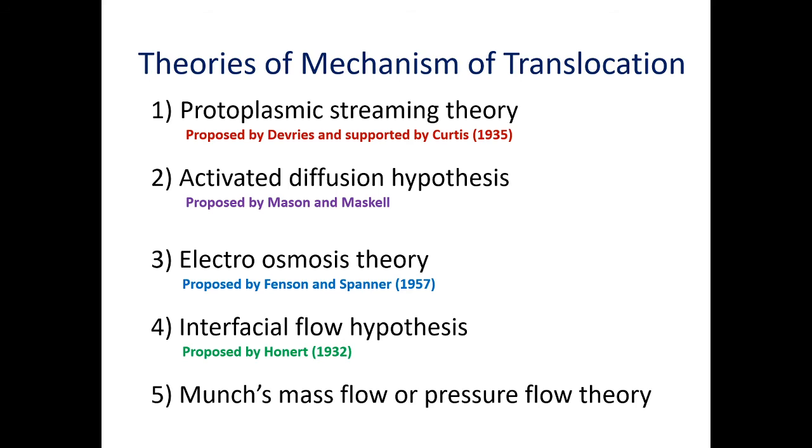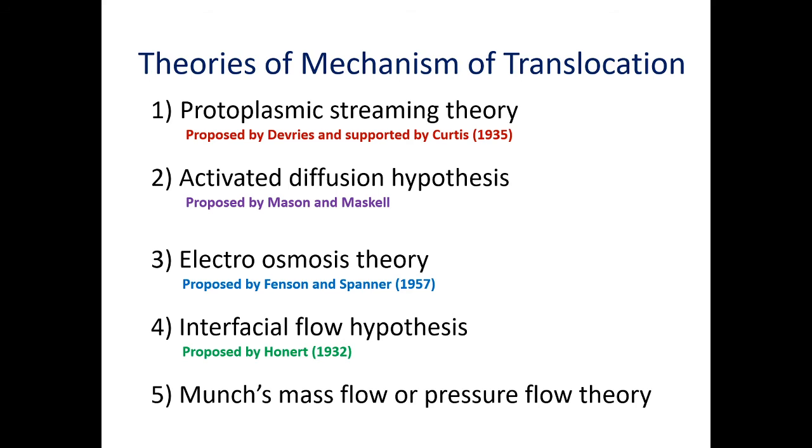This hypothesis has no backing of experimental evidence. So this is also discarded. The third one is electroosmosis theory, and this theory was proposed by Fensom and Spanner in 1957.